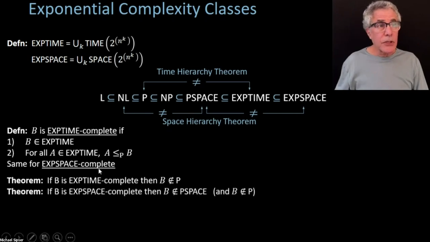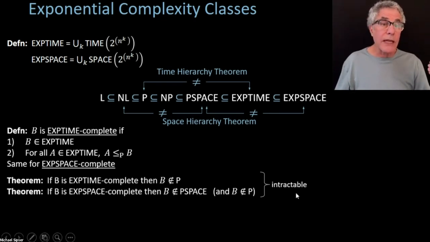Okay, so the same thing is going to be true for an exponential space complete problem. It can't be even in P space because exponential space and P space are different. And if it's not in P space, it's not going to be in P. And so in both cases, if you have a problem that's complete for exponential space or exponential time, we know that those problems are intractable.